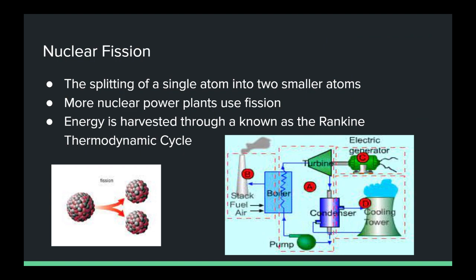So, uranium-235 nuclei are hit with a neutron, causing them to split into two smaller nuclei. This fission generates a tremendous amount of energy in the form of heat. This heat then creates steam that runs through a turbine and generates electricity. The steam from that turbine is then cooled in a condenser and pumped back to the heat source in what is referred to as the Rankine thermodynamic cycle.